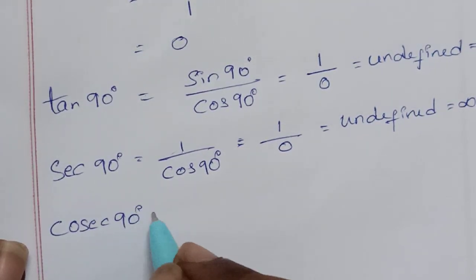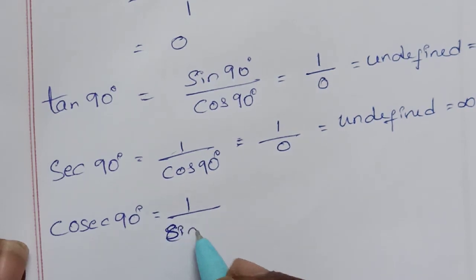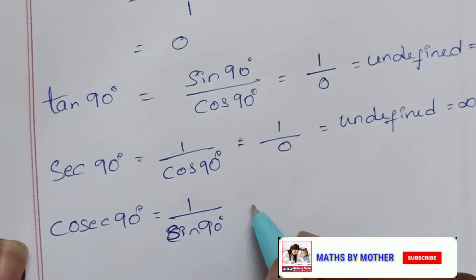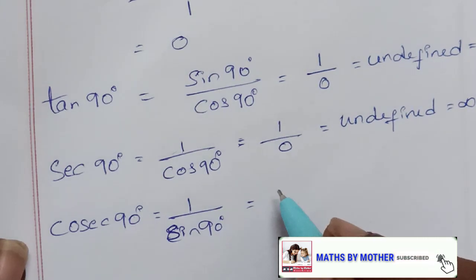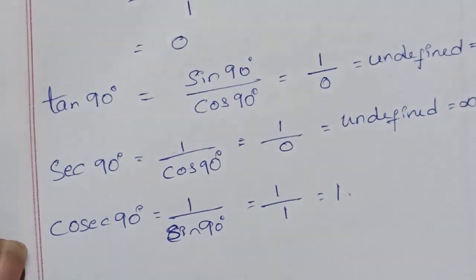Cosecant 90 degrees is equal to 1 by sine 90 degrees, that is equal to 1 by 1 is equal to 1.